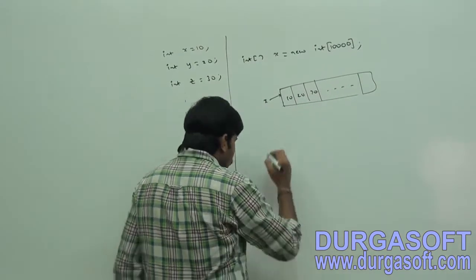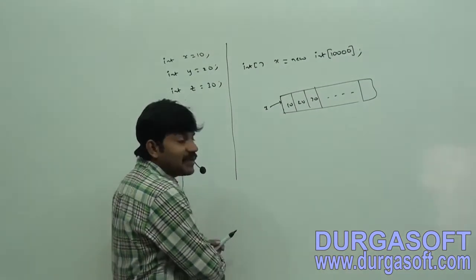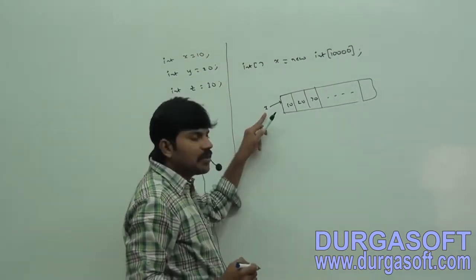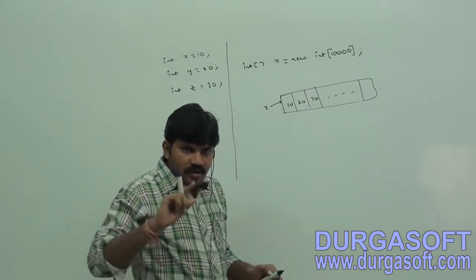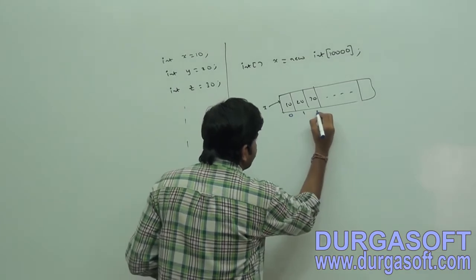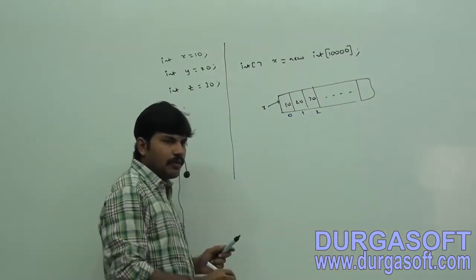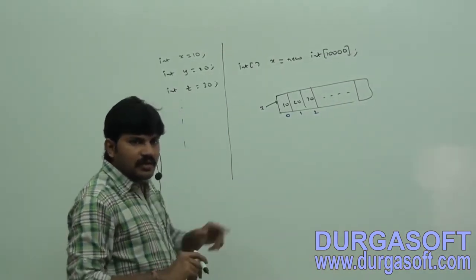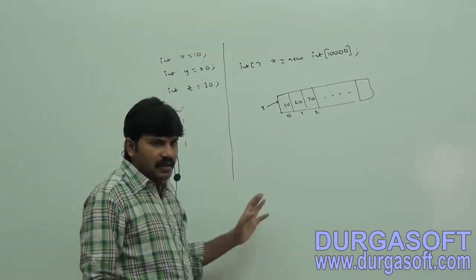How can you differentiate these values? By using the index. x[0] is 10, x[1] is 20, x[2] is 30.